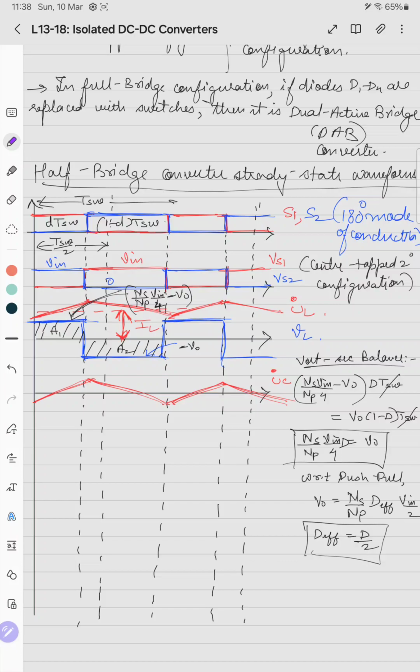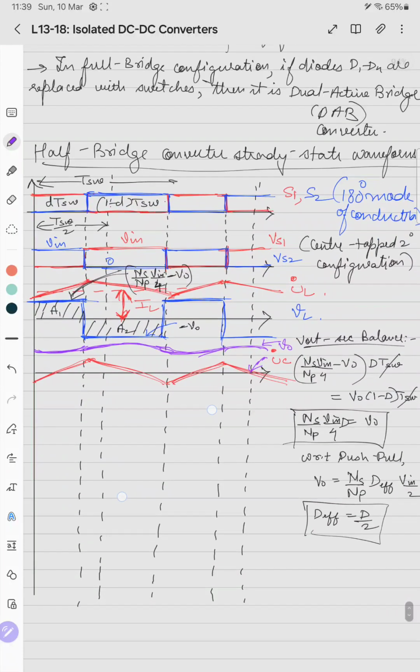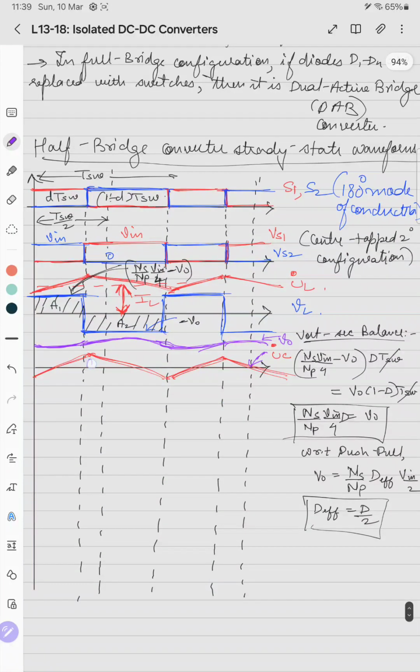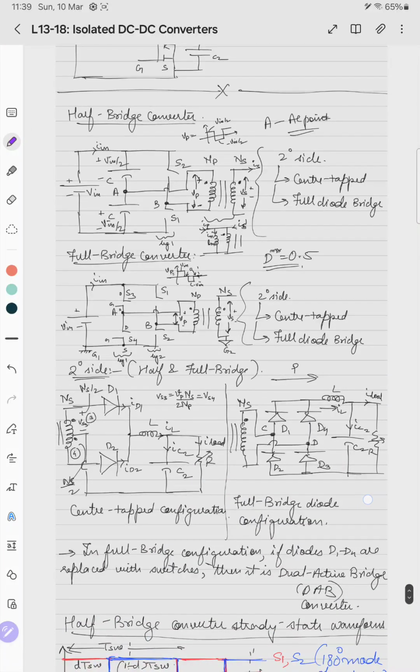Integral of a rising edge is a parabola facing upwards, somewhat like this. Then this will be a falling edge. Then again rising edge, falling edge. This is V naught. This is IC. This is A3, this is A4. This is for amp second balance. So I think output side is done, everything is done.